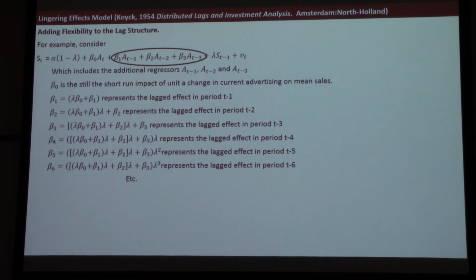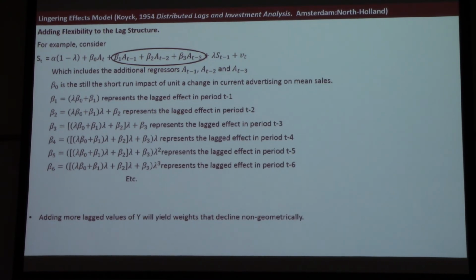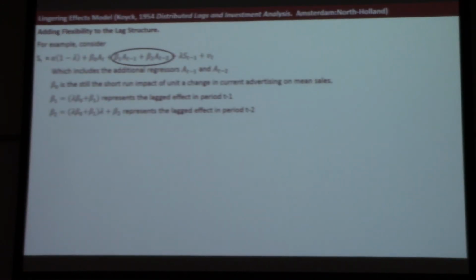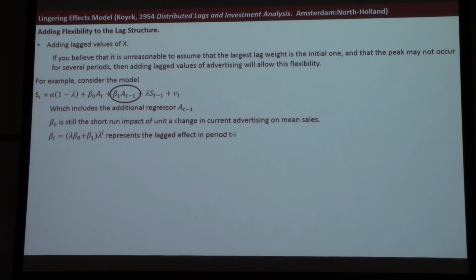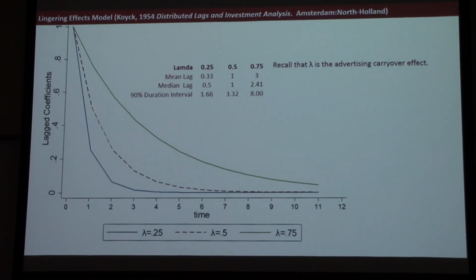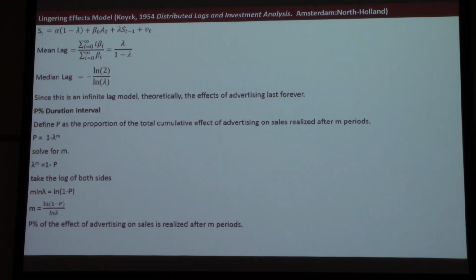So, what do we want here? Adding more lag values. All right, so let's see how we can implement this. The implementation is pretty easy. We'll start with the pure lingering effects model.